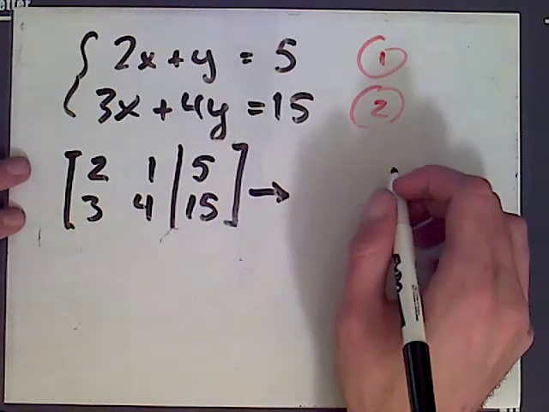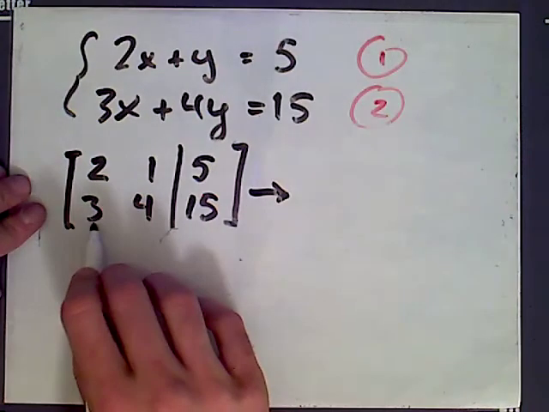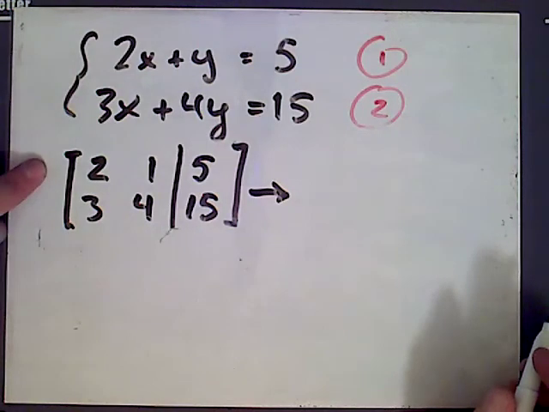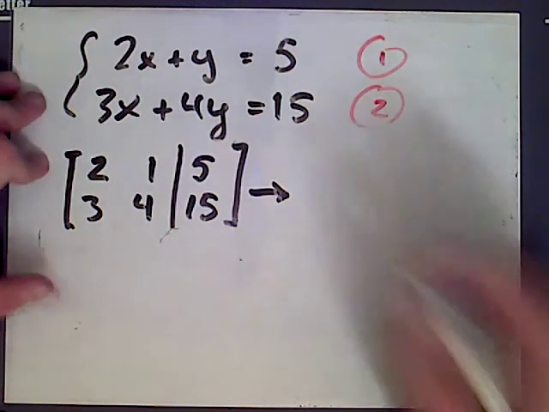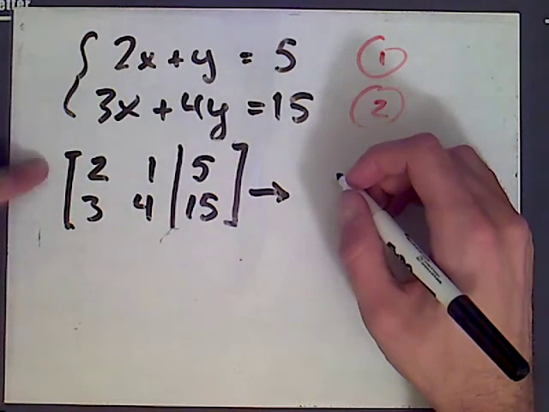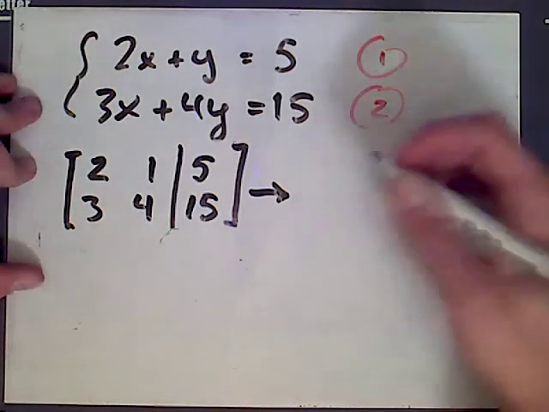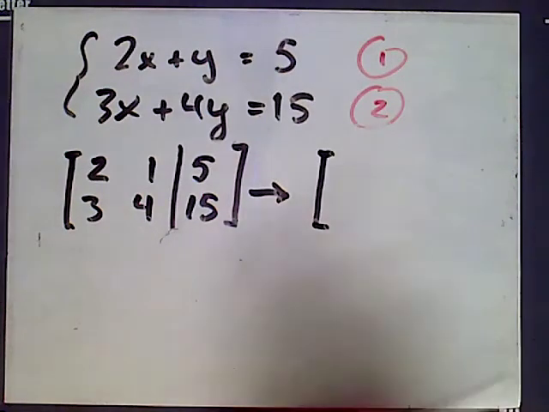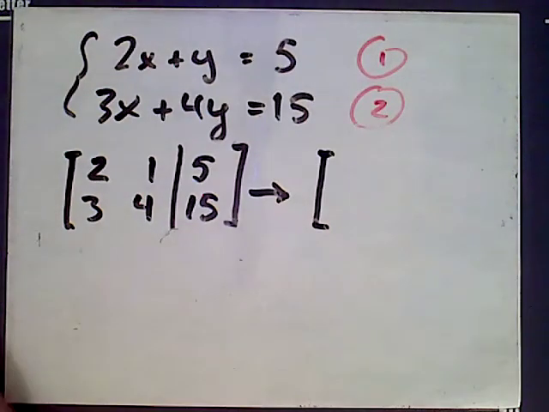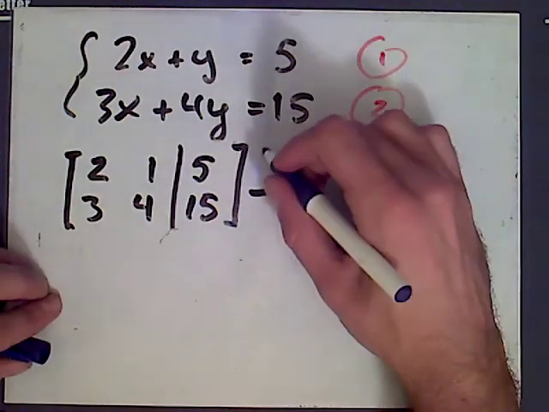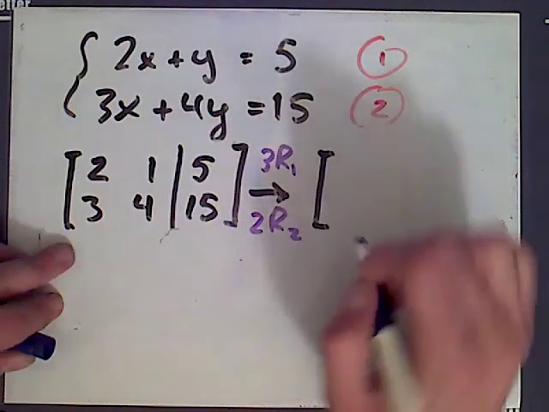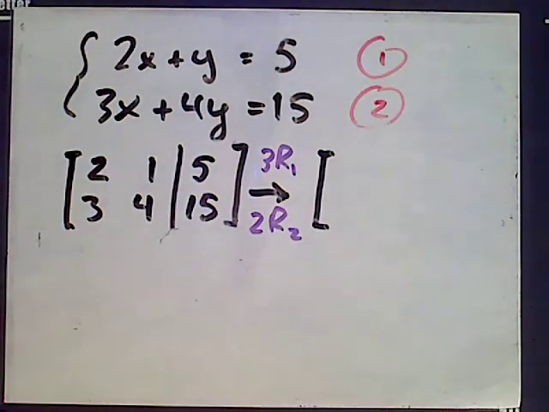Here, we want to clear this 3 and make it 0 by adding to this row some multiple of the row above. To simplify things, I'm going to get a common multiple of 3 and 2, which is 6. This involves multiplying the top row by 3. So we take 3 times row 1, and then 2 times row 2, to make a 6 in either case.